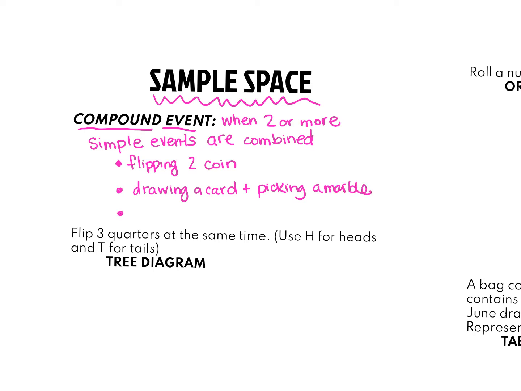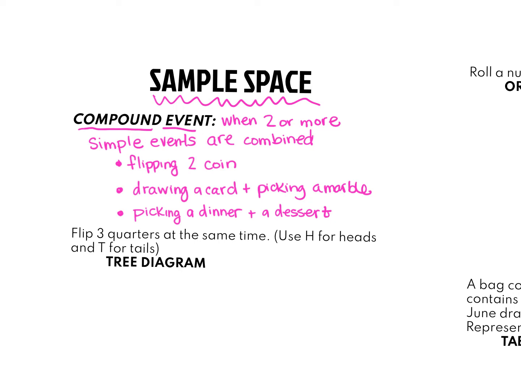Another example would be picking from a menu. Maybe there's dinner and dessert options. So picking a dinner and a dessert. I'm going to go through a couple different ways that you can draw up a sample space.